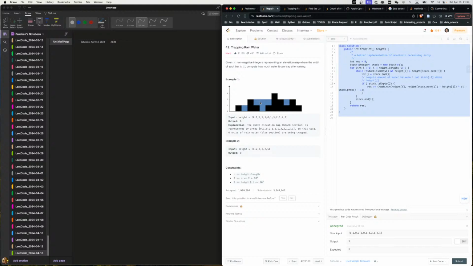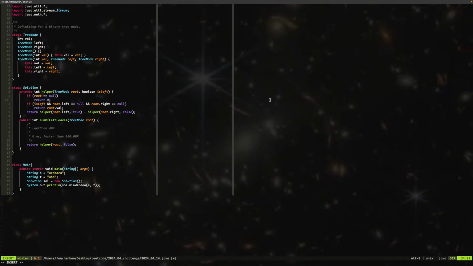And how do we move forward? Well, if left max is smaller than right max, then we just keep moving forward. Right, we keep moving forward because every one of them gets some rainwater collected. Once it's the other way around, I think I got it.